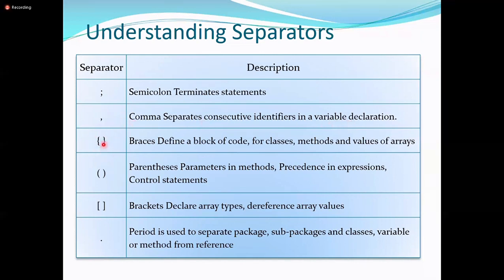Now, flower braces, guys. These flower braces represent a block of code, a piece of code. For example, what is the syntax of a class? Access modifier, class name, open braces and close braces. Syntax of a method: access modifier, return type, method name, parenthesis, open braces and close braces.